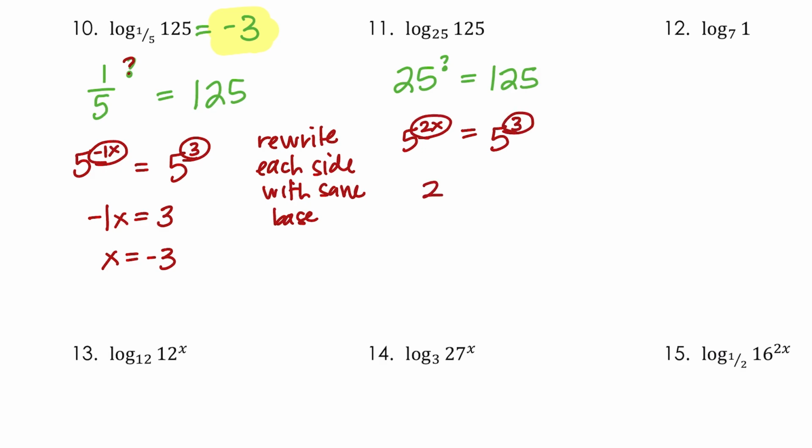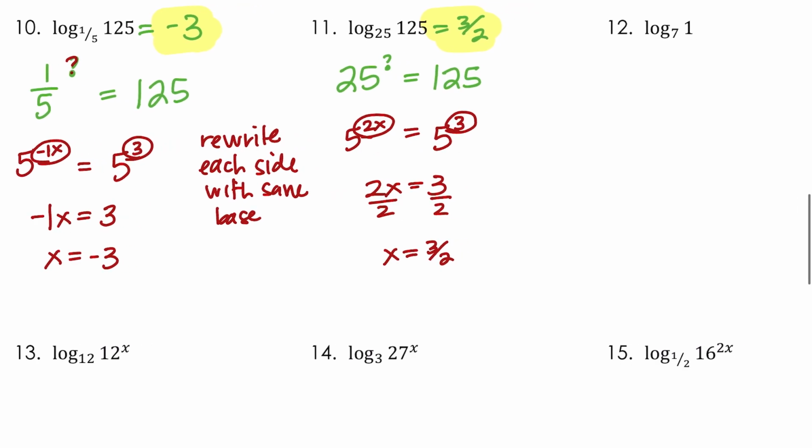So I'm going to have 2x equals 3. That's only if they're the same base. If they're a base of 5, that's how I can do that. So if I divide by 2 here, I get x equals 3/2 or 1.5, but x equals 3/2. So we're saying the log base 25 of 125 equals 3/2. 25 to the 3/2 power equals 125.